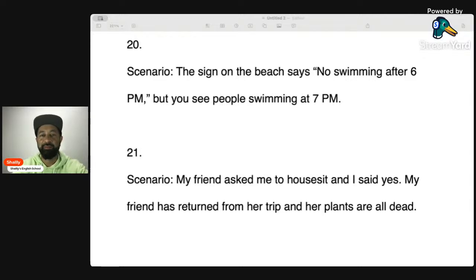What sentence can we make for number 21? Number 20 is homework. Number 21, I'll just make a banner and put it onto the banner here.